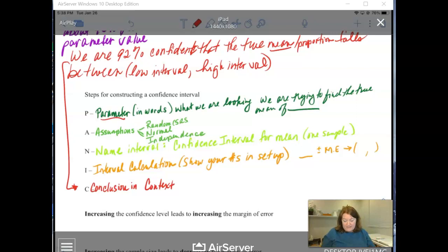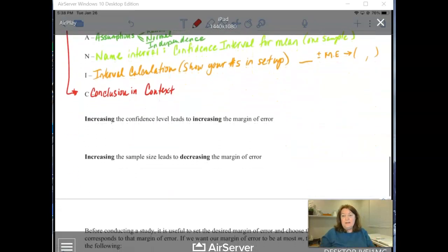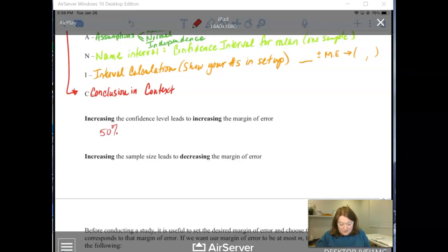Okay, and then some other key things to be aware of: increasing the confidence level increases the margin of error. So if I go from 50% to 75%, then I'm going to be spreading out that normal curve further left and right. That increases my margin of error.